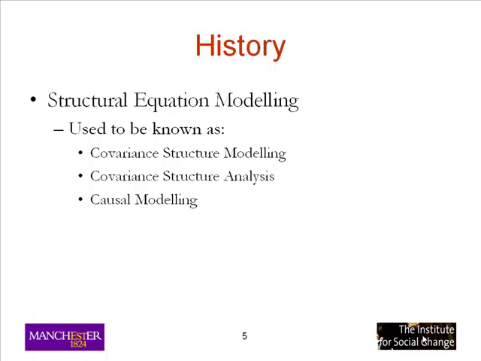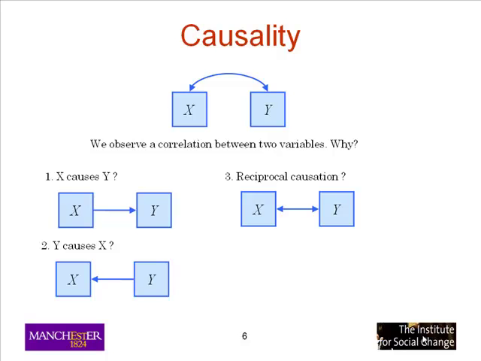It's also been termed causal modelling, although that term is becoming less common. We're going to talk a little bit about causality now, because this has got a bit of a history of disagreement, about exactly what the causal status of structural equation models is.